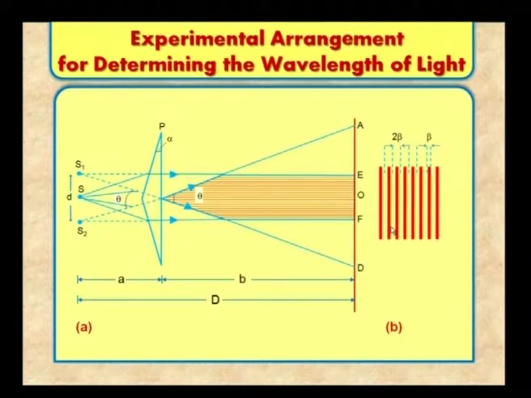You should also remember the distance between 2 bright bands, beta, will also be equal to the distance between 2 dark bands. So this is beta here, right? This is 2 beta. The thickness of the bright band is beta, and the dark band also is beta.